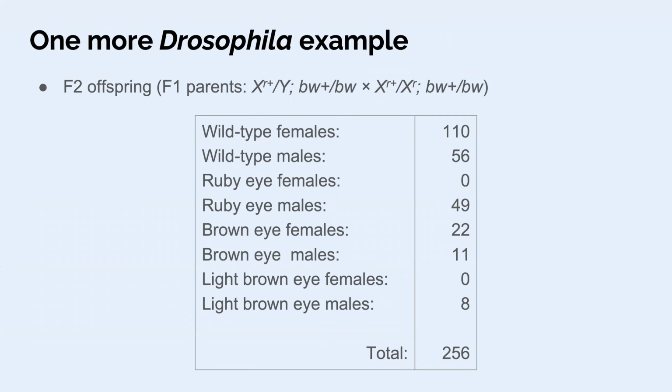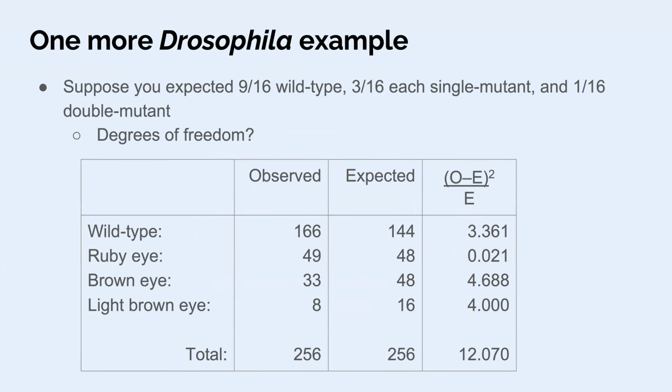So take the same data and boil it down to just the eye color phenotype. And let's say instead of acknowledging the sex linkage in this case, we just predicted a standard autosomal outcome for these ratios. 9/16 of the offspring to have the wild type eye color, 3/16 to have the ruby eye, 3/16 brown eye, and 1/16 to have this double mutant color, which ended up being a light brown eye in this cross.